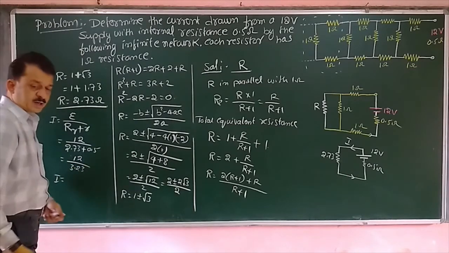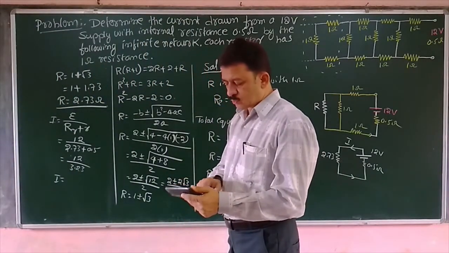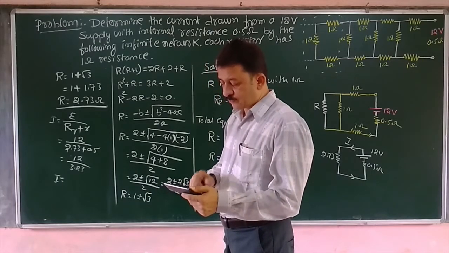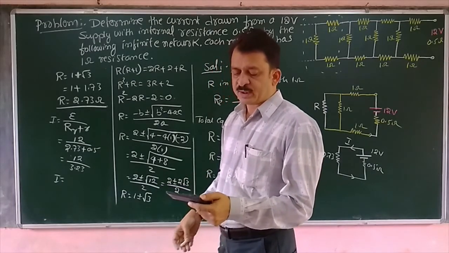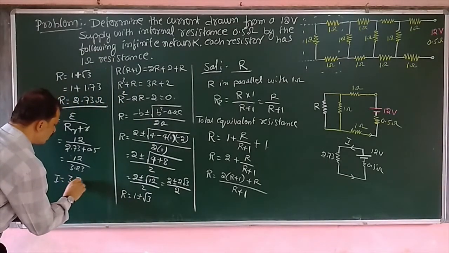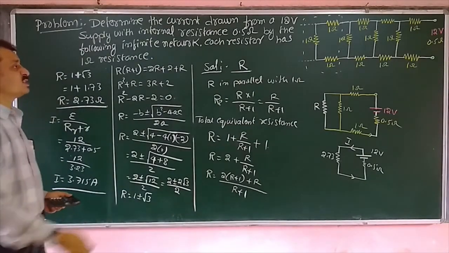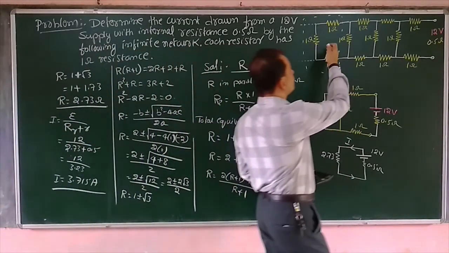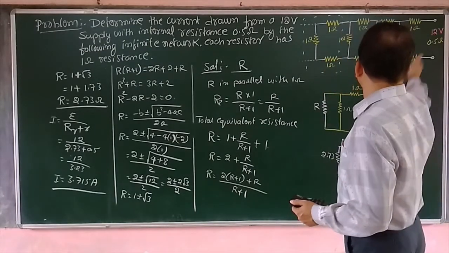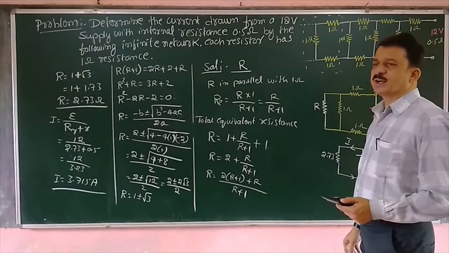Therefore the value of current, if you calculate using the calculator, 12 divided by 3.23, that is equal to 3.715 amps. Now this much amount of current is drawn by this infinite series network when a battery of 12 volt and 0.5 internal resistance is connected across it.